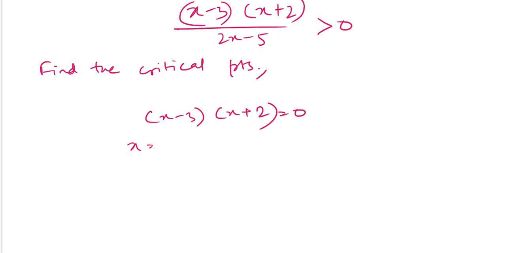That means x equals 3 and x equals minus 2. The other one is 2x minus 5 equals 0, that means x equals 5 by 2.